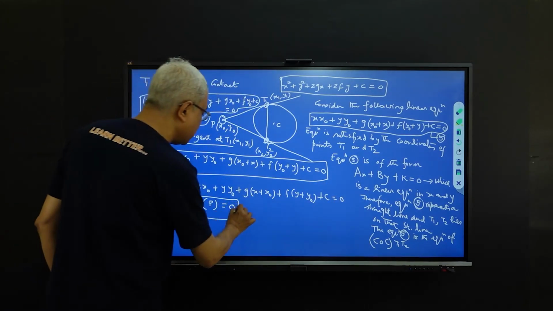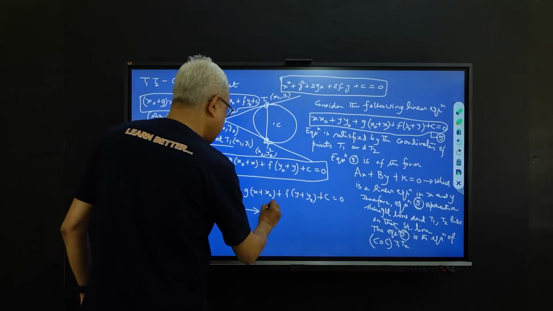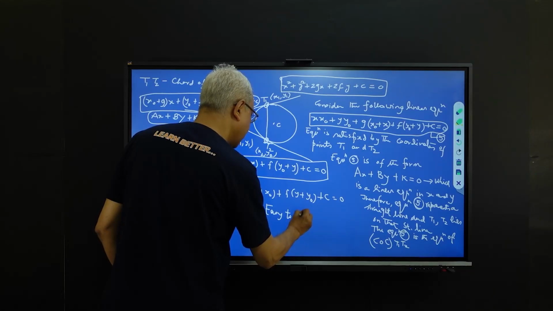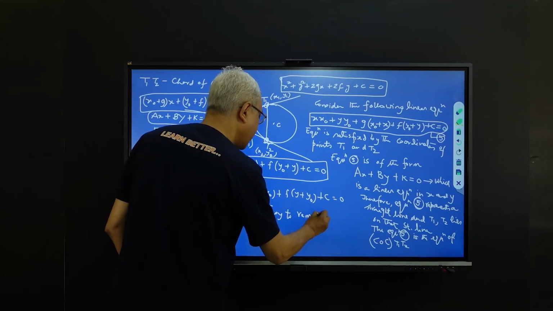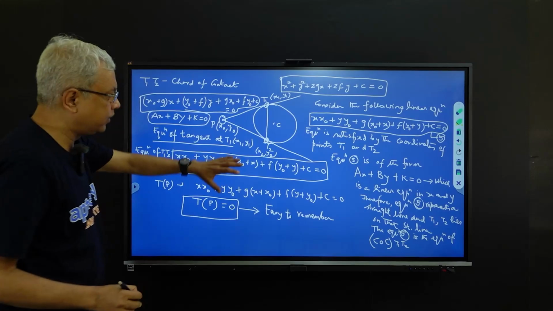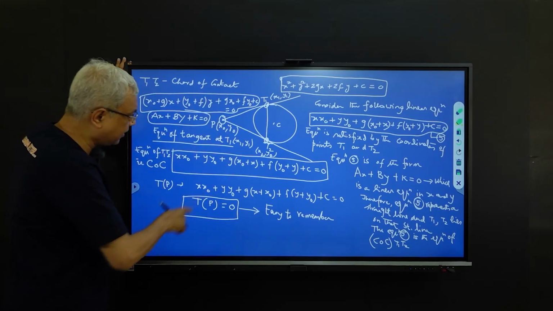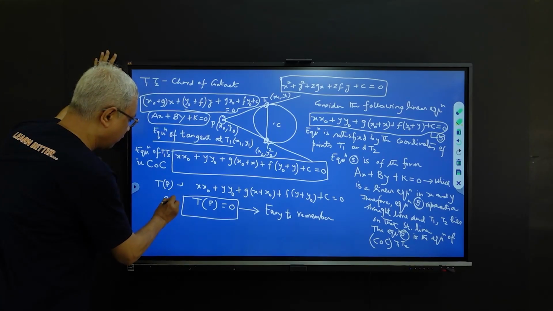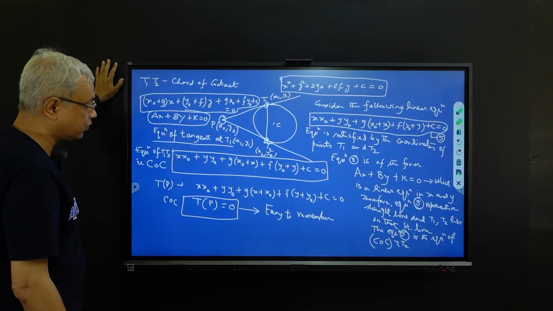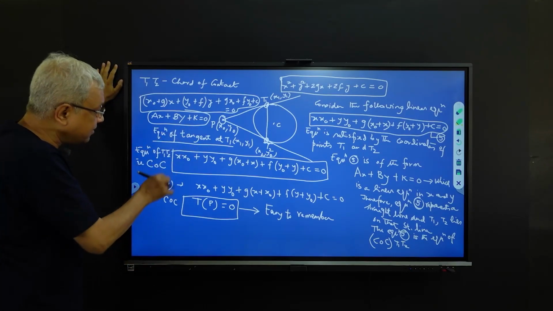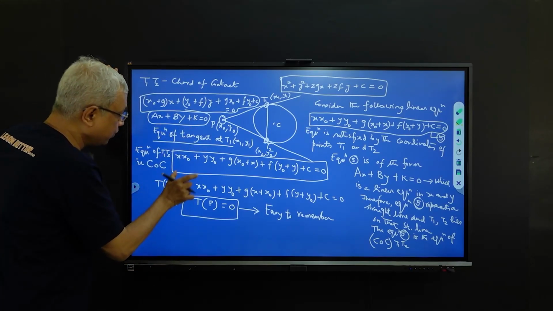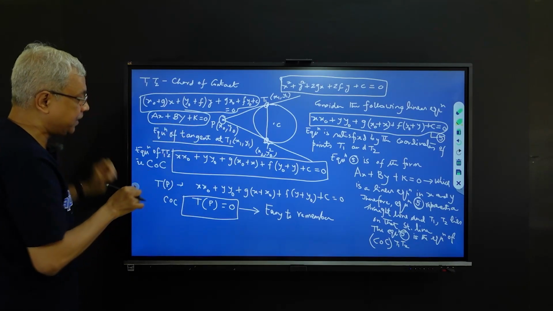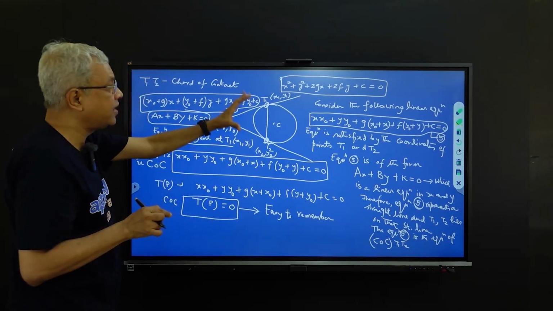This is an easy to remember form. Without doing any analysis, you can readily write the equation of the COC, chord of contact, as T_P equal to 0, where P is the external point. It is as if you write down the equation of the tangent at the point P, assuming P is lying on the circle.